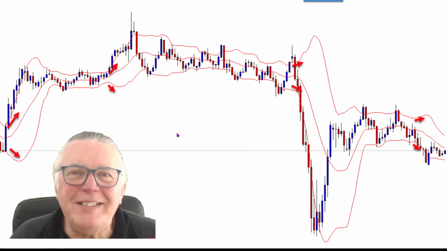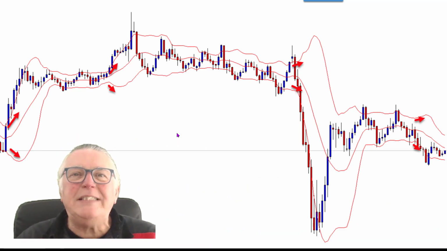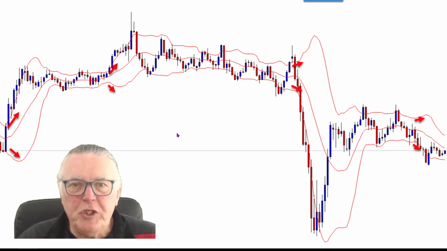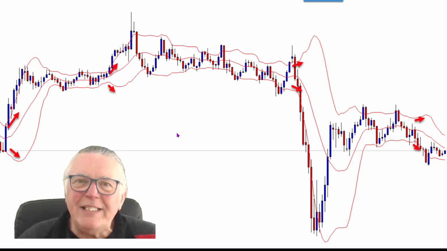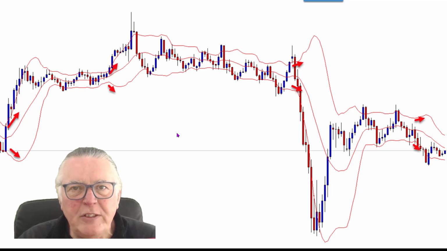On your screen you can see the Bollinger Band on a typical Forex chart. And what makes this indicator so fantastic is that it narrows down in a sideways market and the bands themselves expand tremendously in a trend.